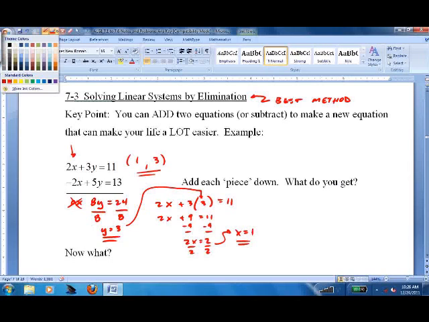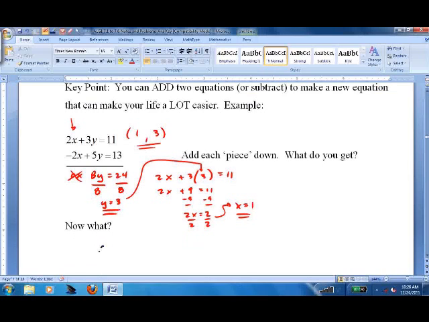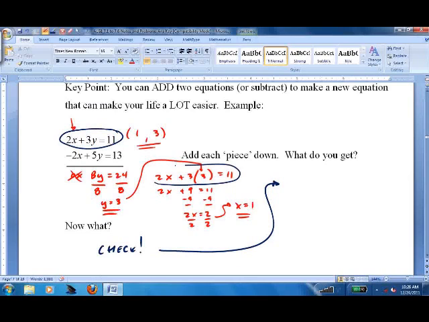And of course, we're not done, because we might have made a mistake somewhere, which happens. We have to check it. Now, we used this equation here to find the value of x. So we're going to use the second equation to check. We just put them both in.